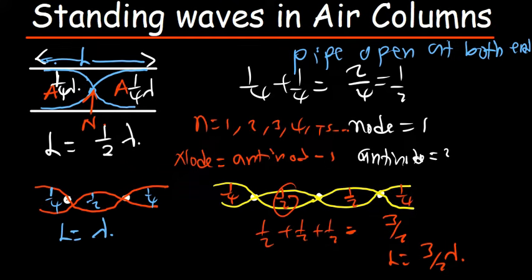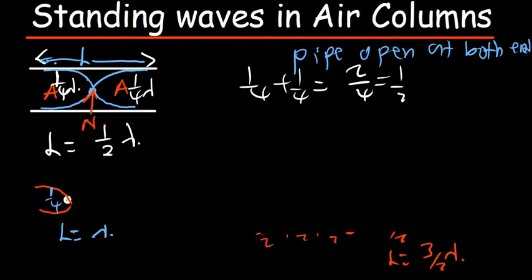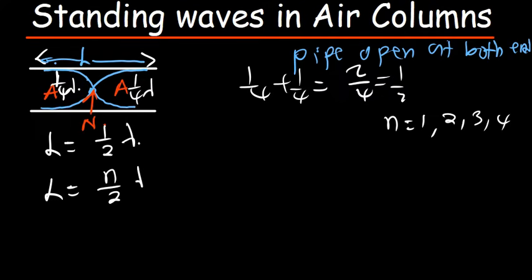Now, let's go ahead and derive the formulas for the fundamental frequency. Like we said earlier, if n is equal to 1, we're talking about the first fundamental frequency. If n is equal to 1, 2, 3, or 4, we're talking about the first, second, third, fourth. Okay? So now I can make lambda the subject of the formula. So the general formula will be the same: n divided by 2 times lambda.